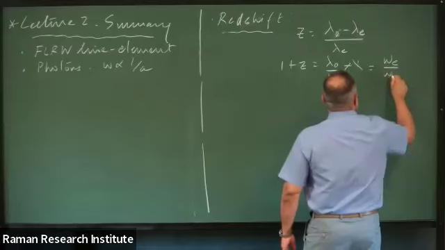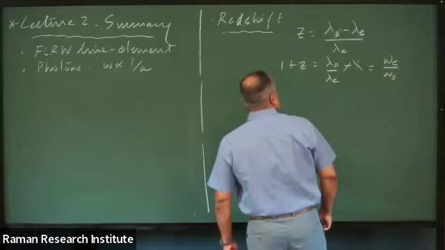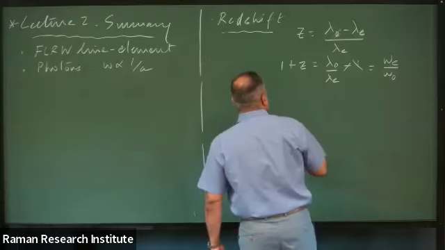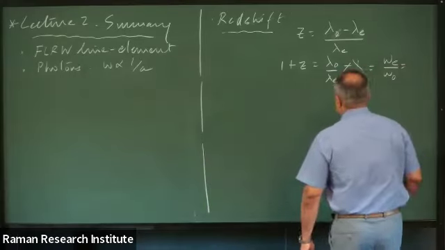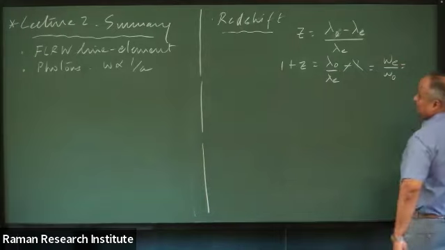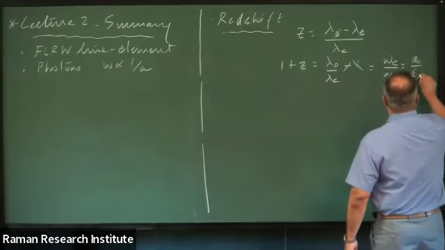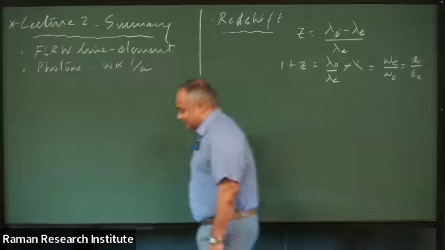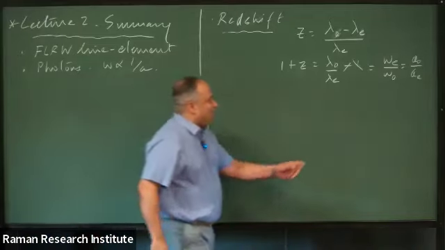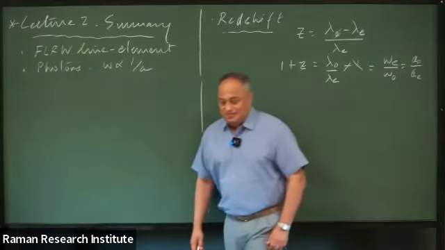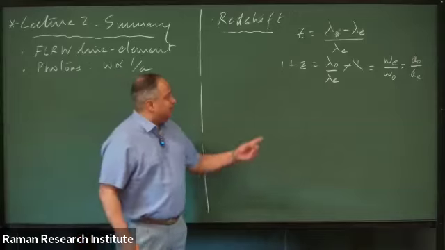So lambda emitted by lambda naught is omega naught by omega emitted. And if you use that relation, what you obtain is A naught by A emitted. O is observed, but A naught is A subscript naught.